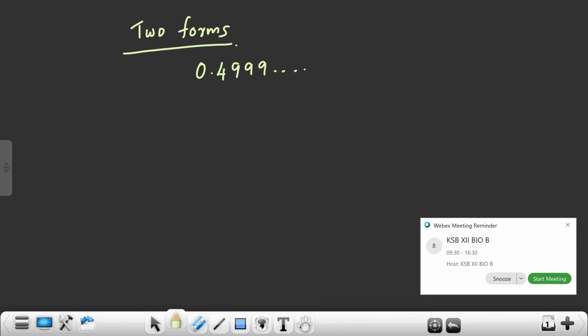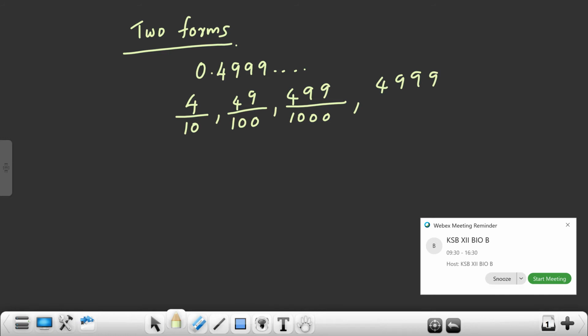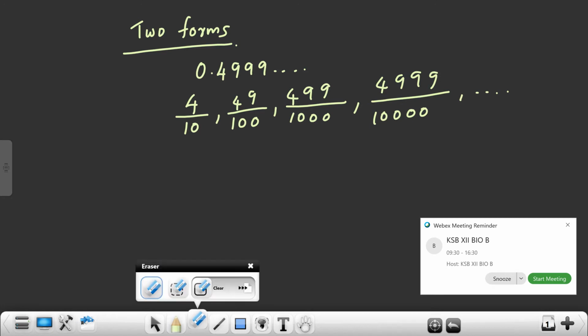By the definition of such decimal forms, what we have to find is the number to which the fractions 4 by 10, 49 by 100, 499 by 1000, 4999 by 10,000 etc. get closer and closer to. Can you find that?